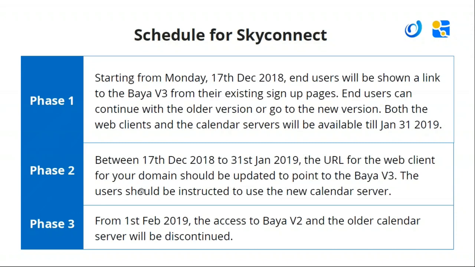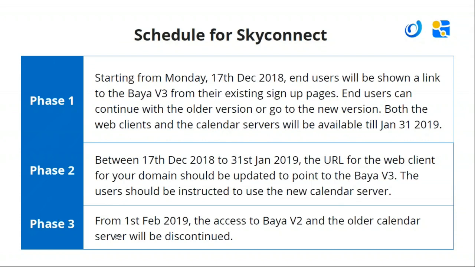The user should be instructed to use the new calendar server as well. Since the new calendar server is added in Baya V3, the calendar settings also need to be changed to the new calendar server. There will be a URL for the new calendar server. So in phase 2, the URL for the webmail client and the URL for the calendar server, these two need to be pointed to Baya V3.